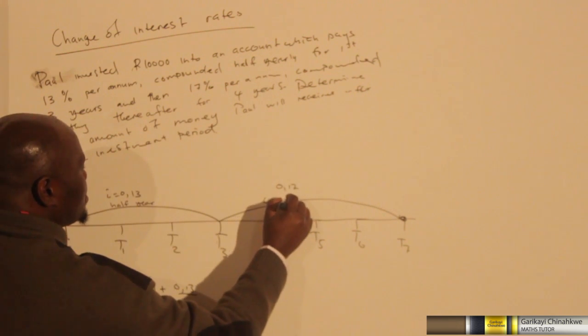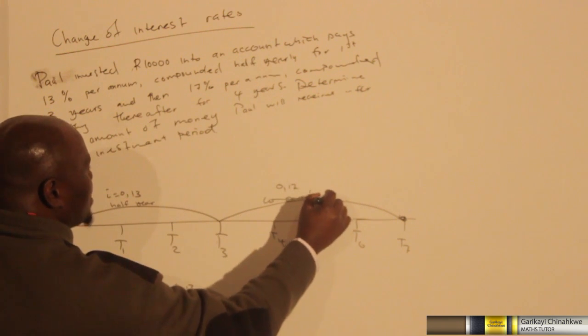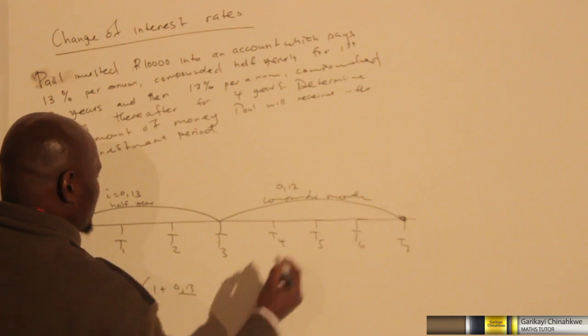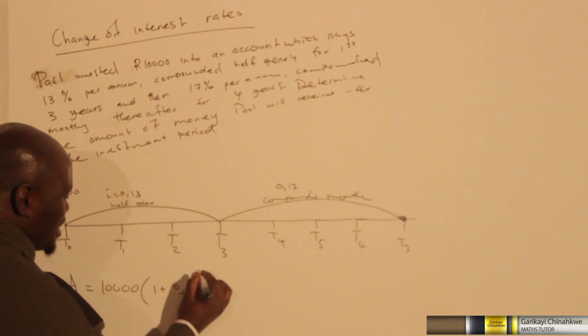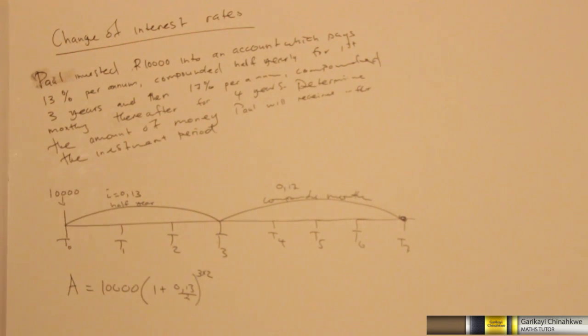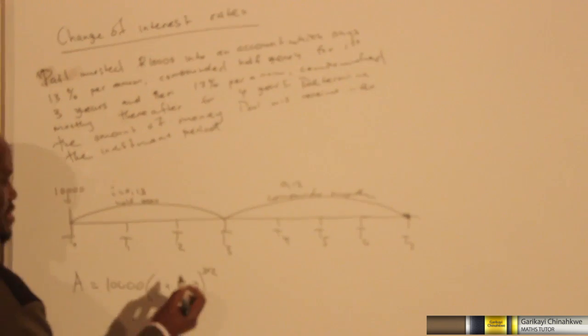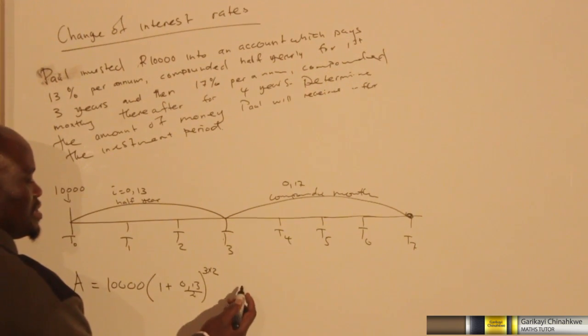So for half yearly it's divided by 2, and then how many years are there? It's 3 years times 2, because it's n, so it's 3 times 2, isn't it?